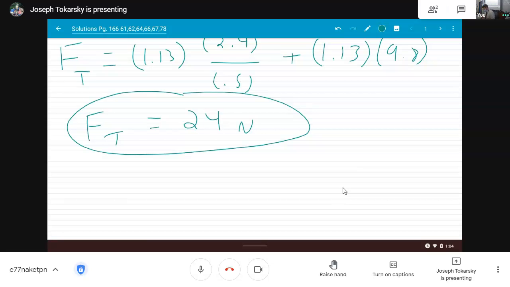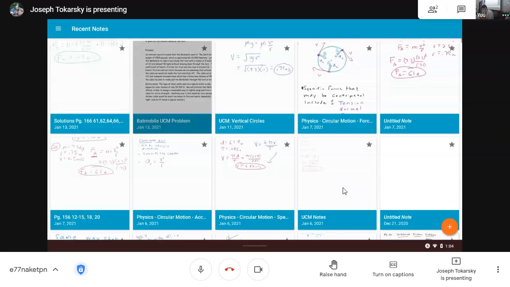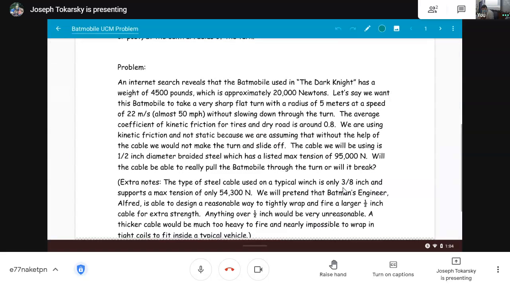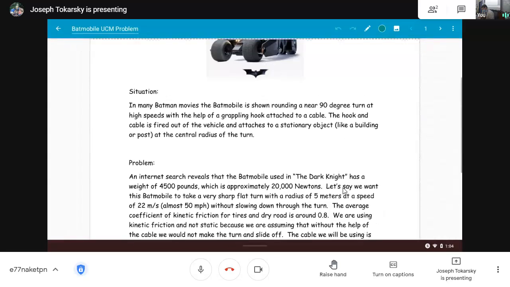I'm going to relate it to, I made this problem based off an episode of Mythbusters from a while ago, which we're not going to watch, but we're going to watch a clip of what they're referring to. Let me just switch my thing here. Okay, so anyways, I call this the Batmobile problem, all right?